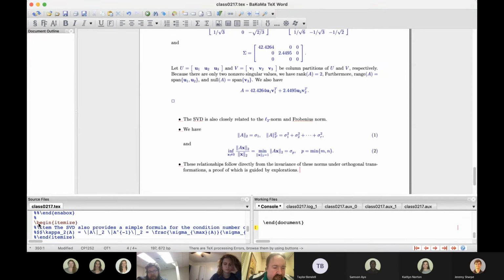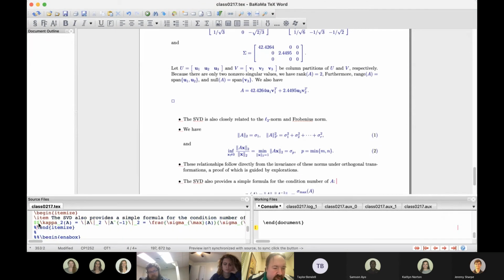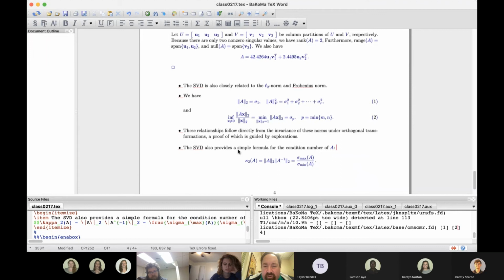Another thing we get from the SVD is a very simple formula for the condition number of a matrix A in the 2 norm. It's equal to the largest singular value divided by the smallest. Now, if A is invertible, then this smallest singular value will be non-zero.